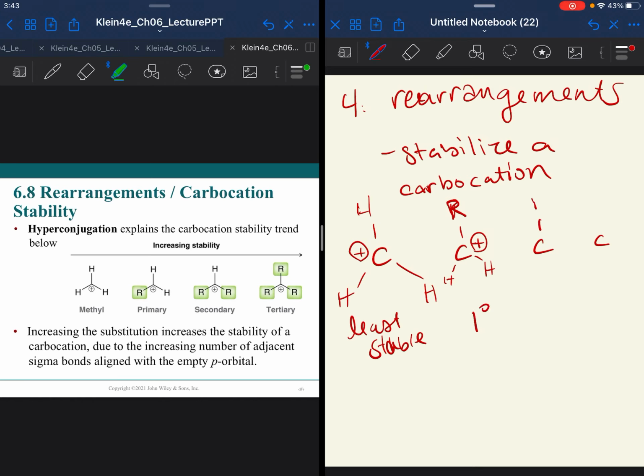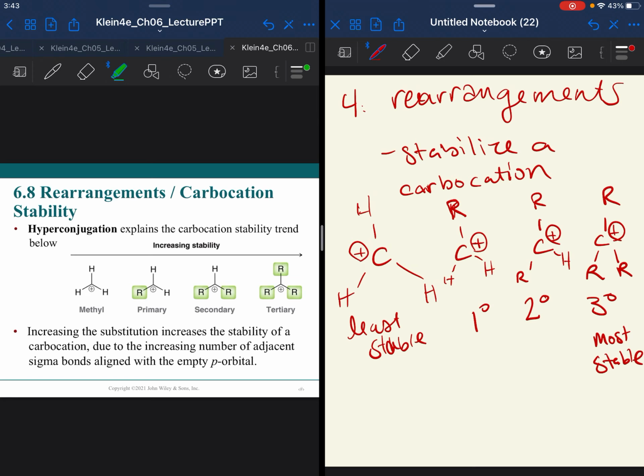If we put one R group, we call that a primary carbocation. 2 R groups and 1 hydrogen is a secondary carbocation. And 3 R groups with a plus charge is called a tertiary carbocation. The more R groups, the more stable.